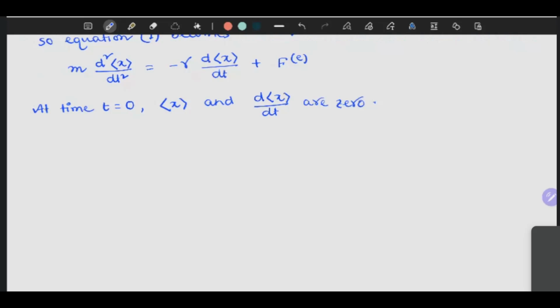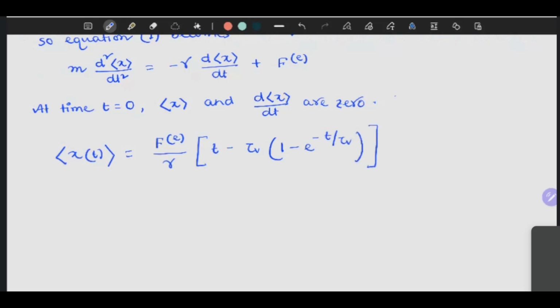Now solving this equation will give you this. Remember, this kind of equation we have solved when we talked about the coupling equation. So x(t) will become F external over gamma times (t minus tau v) into (1 minus e to the power minus t by tau).